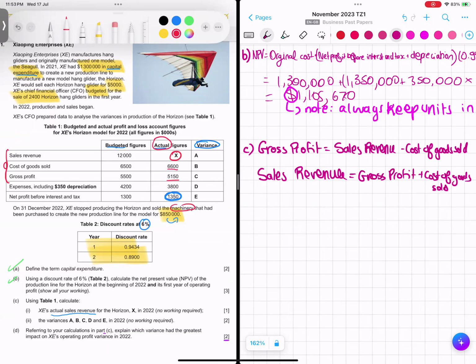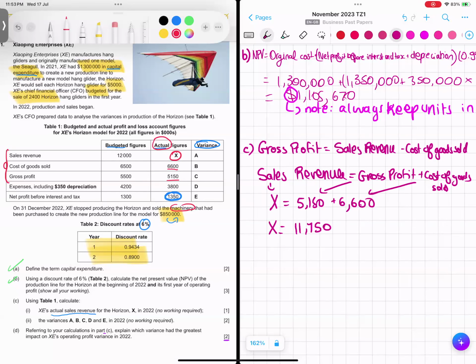So here we replace sales revenue with X. We replace gross profit with 5,150. Then we add cost of goods sold, which is 6,600. So here X ends up being 11,750.